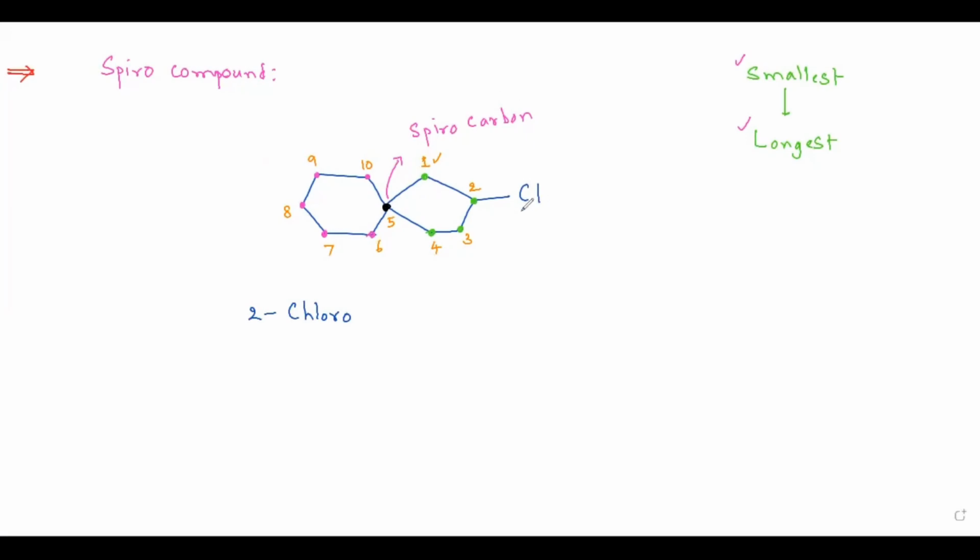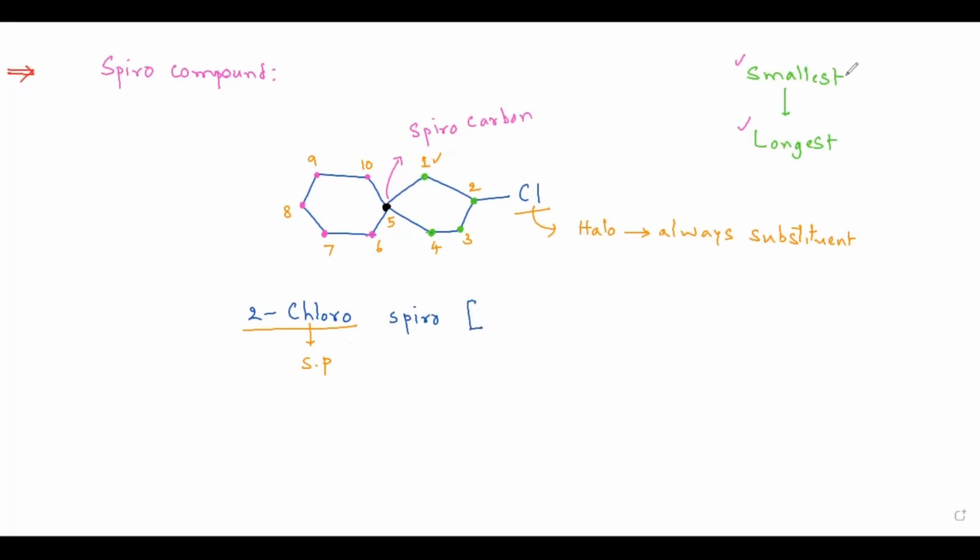This is halo, which is, of course, always a substituent type. So let me write it at a secondary prefix area. I'm done. 2-chloro, then write a spiro.